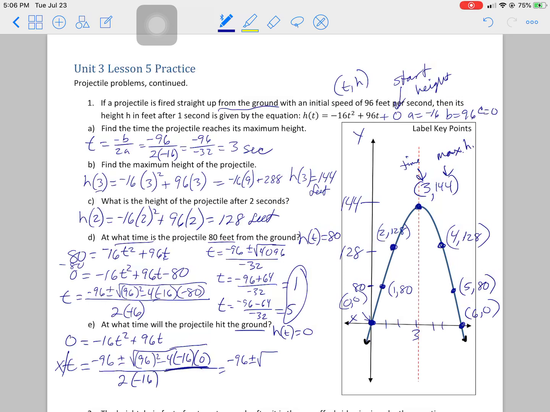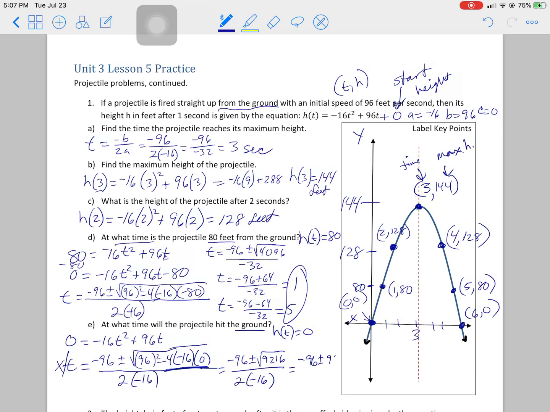So what is 96 times 96? Let me just double check that in my calculator. Yep, okay. So that's going to be, oh, right.